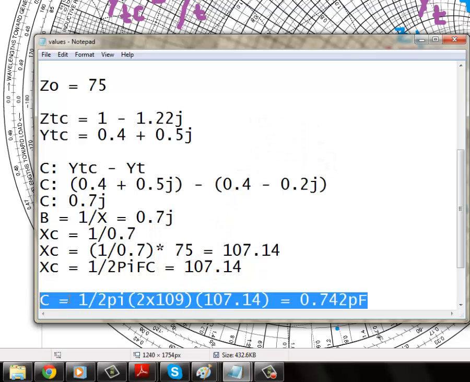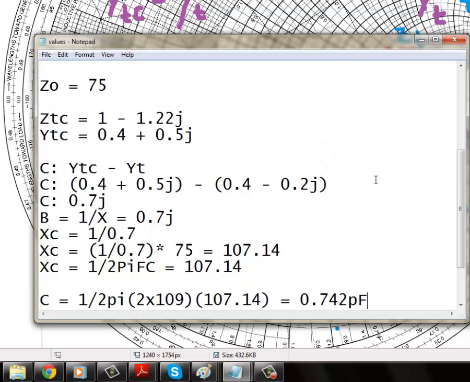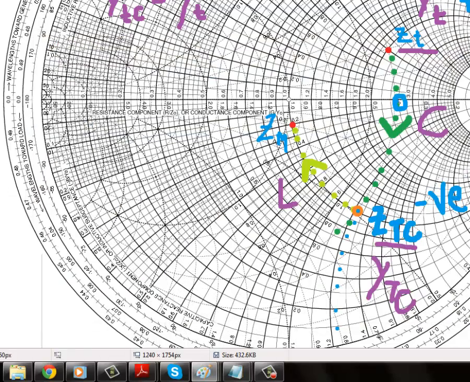we get the capacitor value. For the inductor, what are we going to do? Let's move to the Smith chart. What will be the value for the inductor? We see that our path is this, so we will be subtracting, and we are moving on our Z circle. So we will be subtracting a Z value from another Z value.